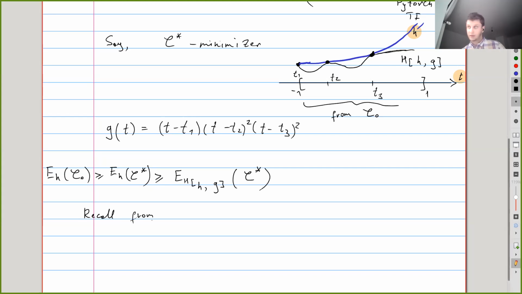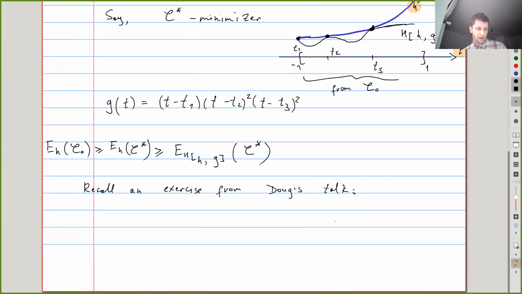Okay, so that is due to basically the last slide that Doug showed, and this is also an exercise. So let's say, recall an exercise. I'll write up these exercises that will be part of the homework for tomorrow.